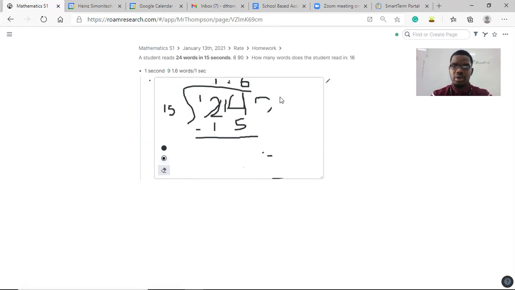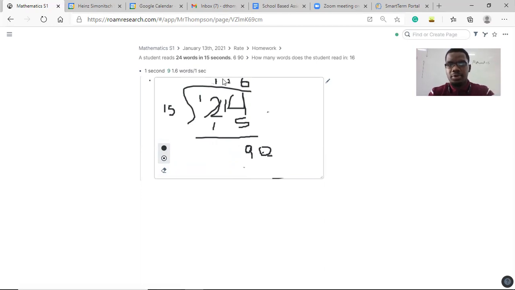So we had originally 24. We said 15 into 2 can't. 15 into 24 you can go 1 time. 15 times 1 gives us 15. So 24 minus 15 gives us 9. 15 into 9 you can't, so you add a 0, bring it down, and put a decimal point right here. 15 into 90 goes 6 times. 15 times 6 gives you 90. So the answer is 1.6.